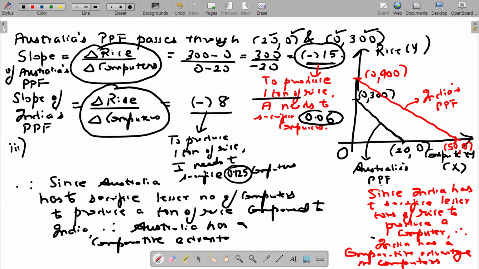Australia has a comparative advantage in rice. This is my answer.